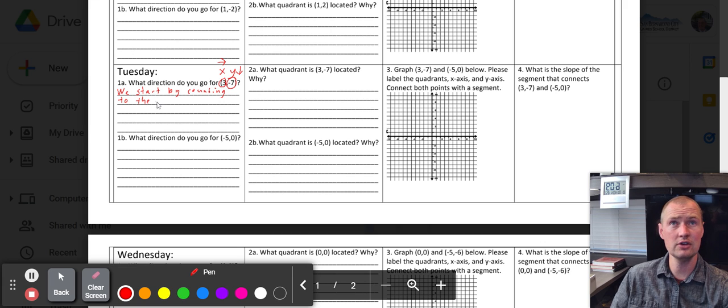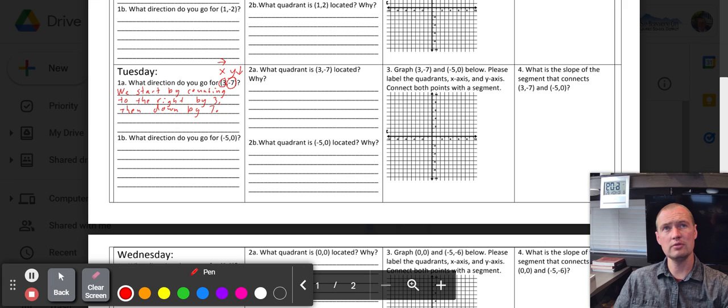So we start by counting to the right by 3, comma, then down by 7. There we go. We start by counting to the right by 3, then down by 7. So right, then down. All right, part B, which direction do you go for -5, 0?